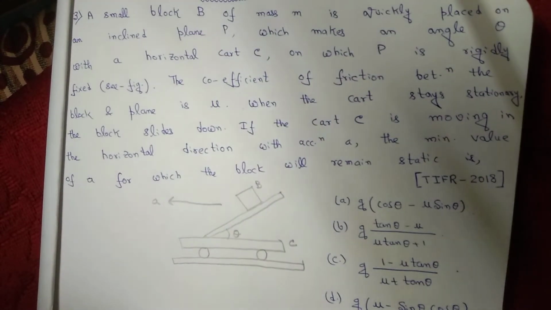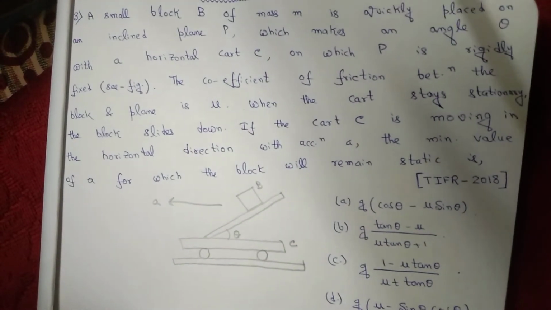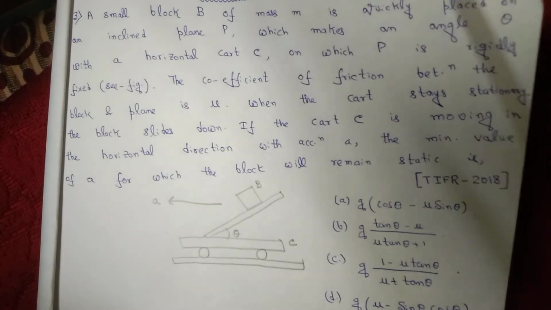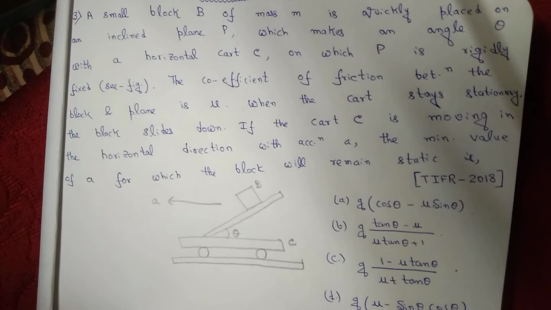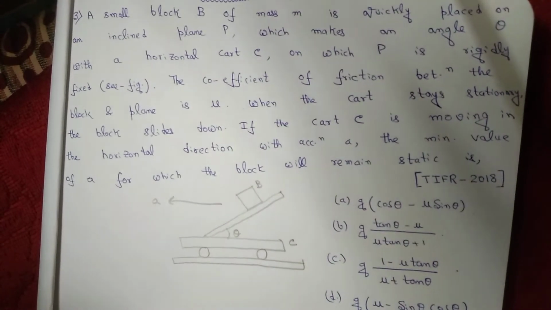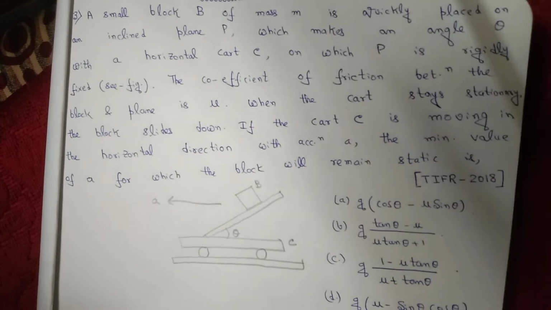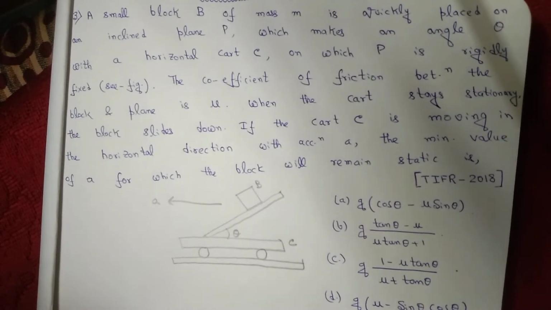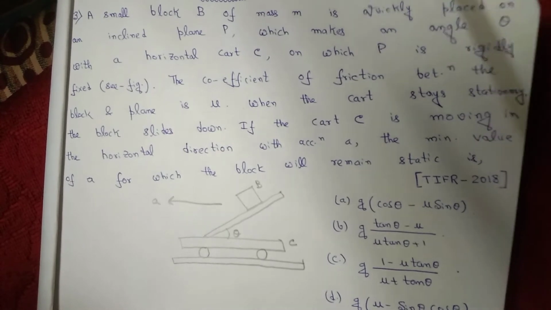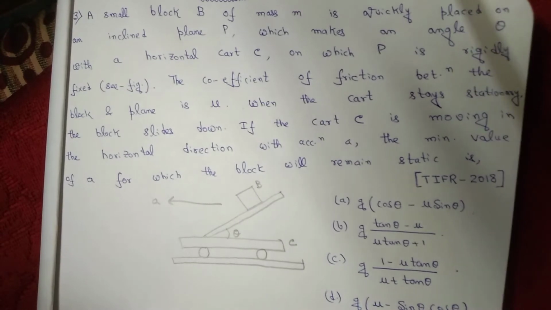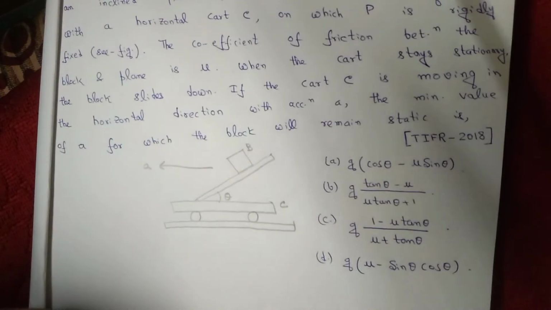The coefficient of friction between the block and the plane is mu. When the chord stays stationary, the block slides down. If the chord C is moving in horizontal direction with acceleration a, the minimum value of a, that is acceleration, for which the block will remain static is. Four options are given.